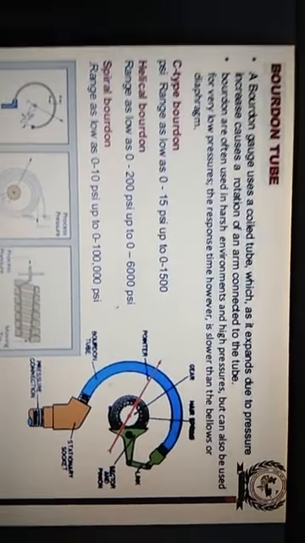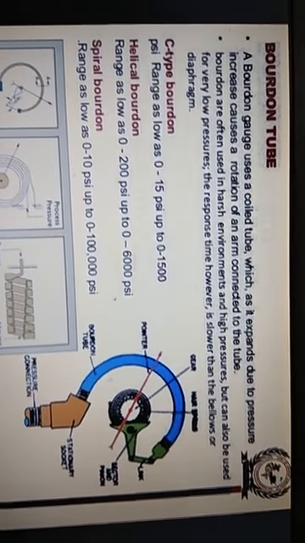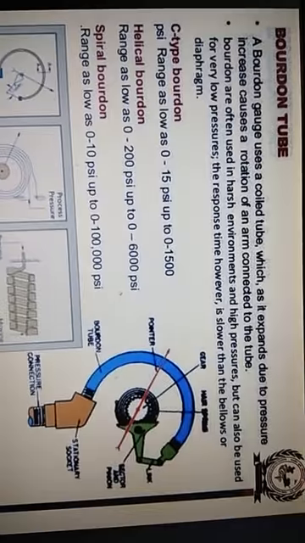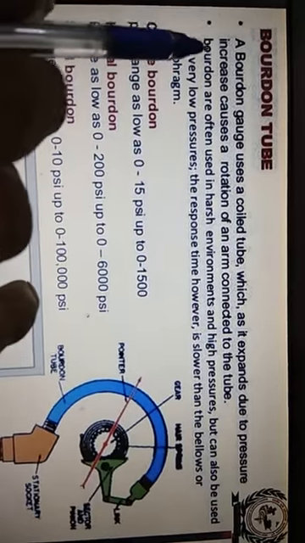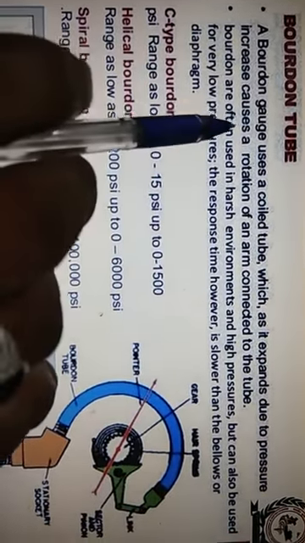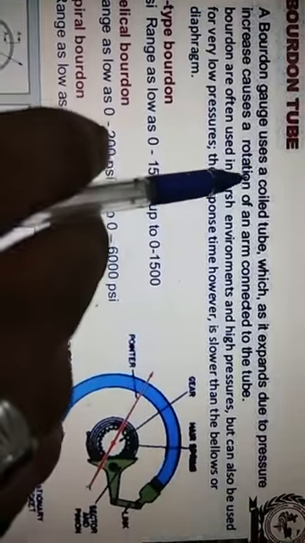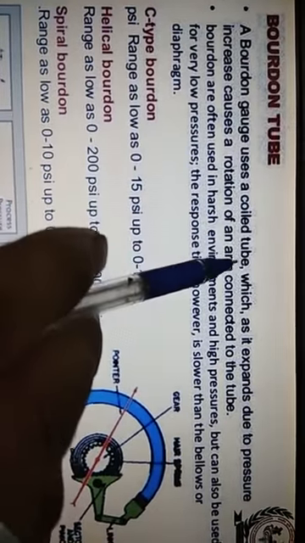And then we have seen this Bourdon tube. Once again I will go through this. A Bourdon gauge uses a coil tube.